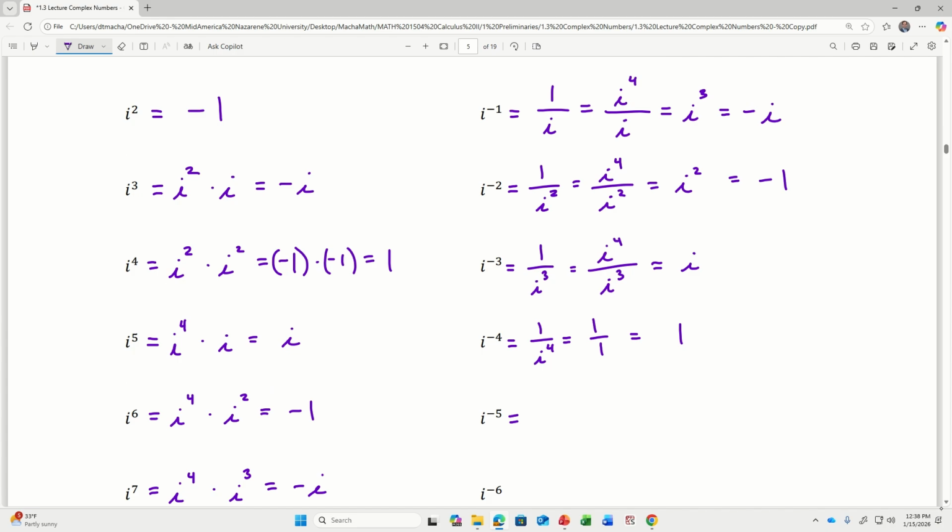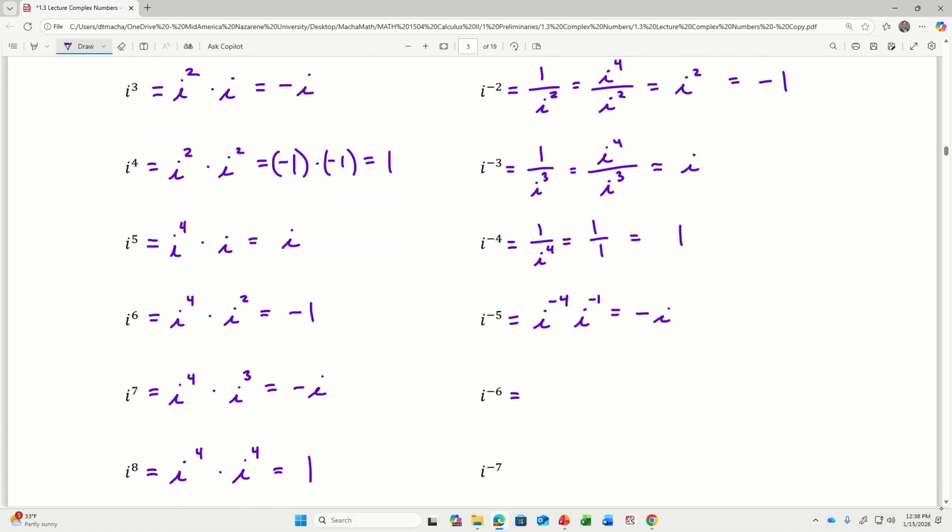So this is where it starts repeating again, because i to the negative 5 is the same thing as i to the negative 4 times i to the negative 1. That's 1 times i to the negative 1, which is just negative i.